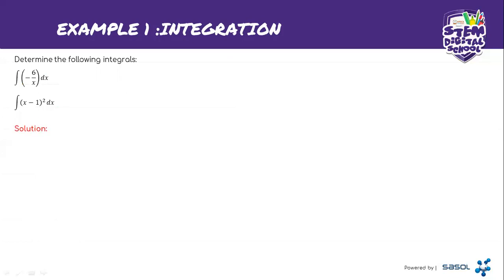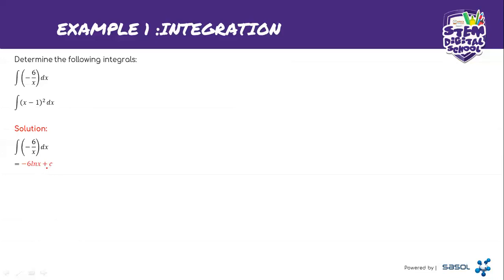Now the solution, so this is what we are having. Now remember, when we have this 6 over x, right? If the denominator becomes x, then that's where we're going to introduce what we call ln. Now the answer for this one is going to be -6 ln x plus c. It's very, very important for integration.